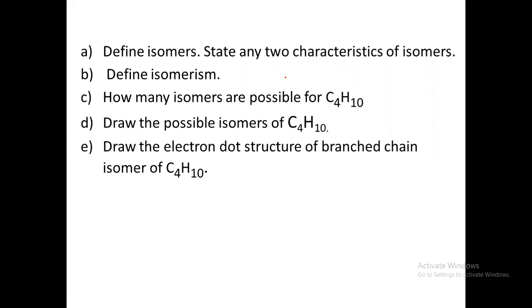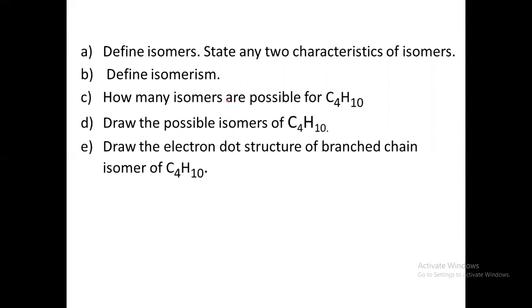As you can see, you can expect some definitions like what are isomers, what is isomerism, some characteristics of isomers, and then how many isomers are possible for a particular molecular formula, draw all the possibilities, and draw the electron dot structure of a particular one. All these questions are possible from this topic.